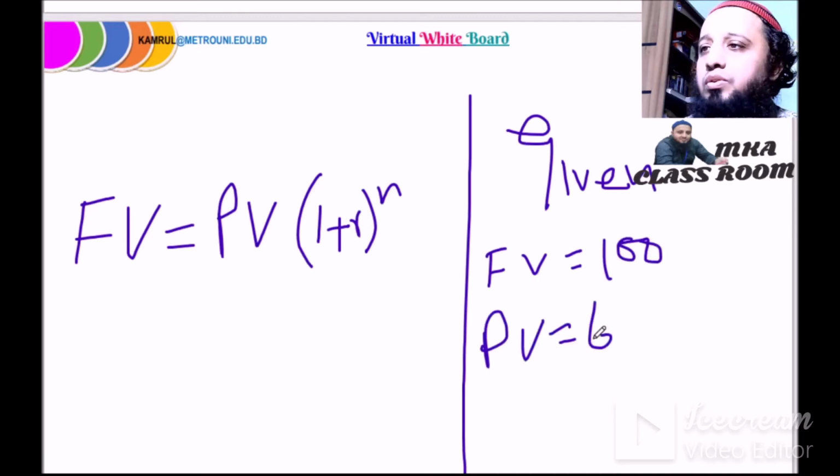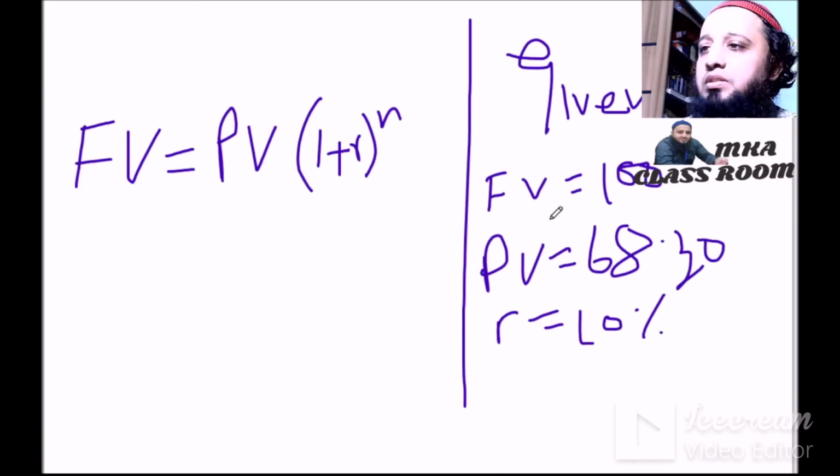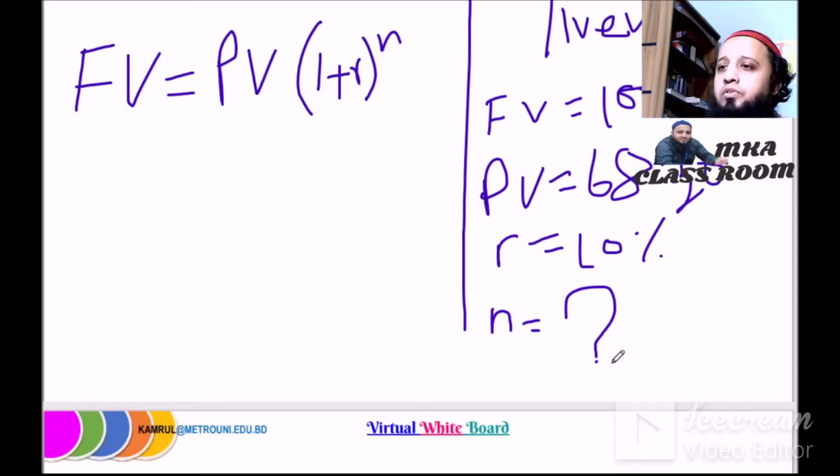68.30 taka, R equals 10%, N equals what? That is our problem. We have all the information except the value of N, and you have to solve for it.